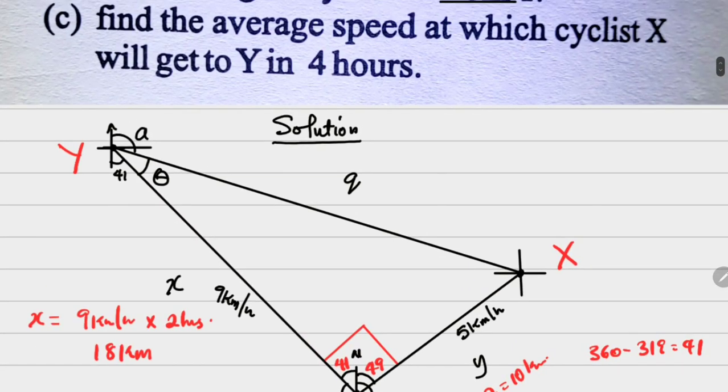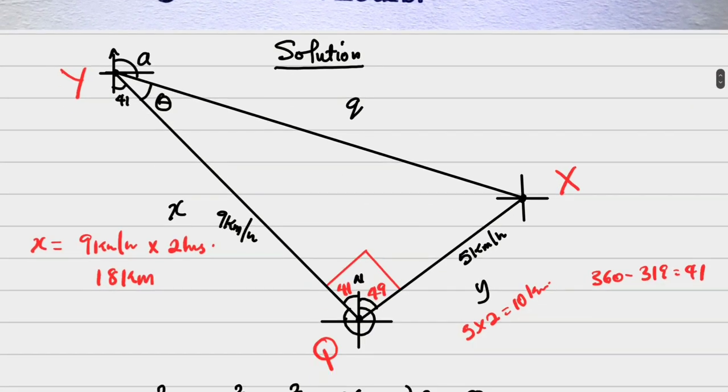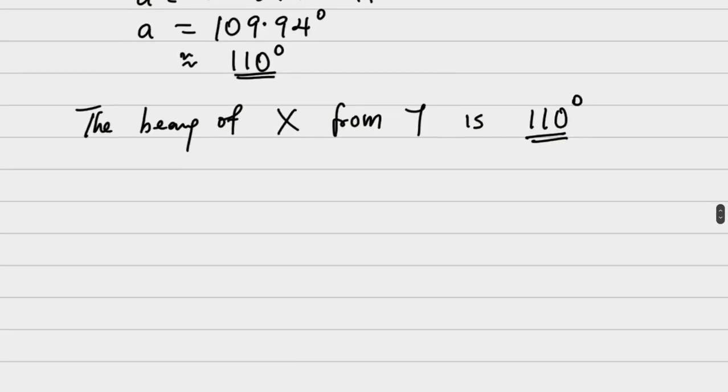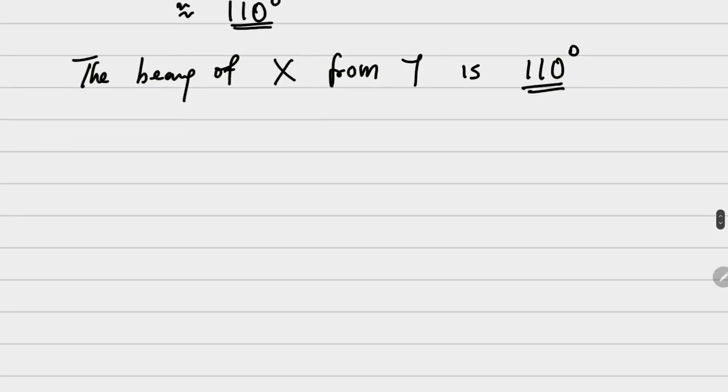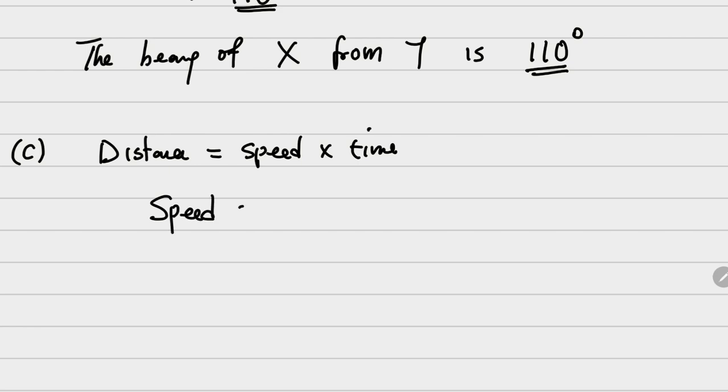Then the last thing here says find the average speed at which cyclist X gets to Y in 4 hours. You have to look for the average speed. That is the last question, question C. Now we said already that distance is equal to speed times time. So the average speed will now be distance over time.